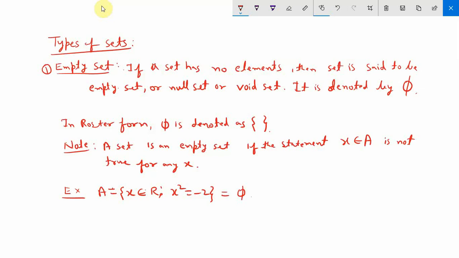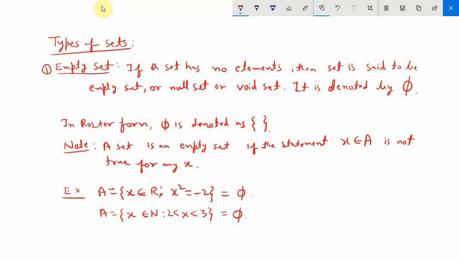Similarly, if we take another example, set A is given as x is an element of natural numbers such that x is greater than 2 and less than 3. A natural number cannot be a fraction and there is no integer in between 2 and 3. So it will also be a void set.